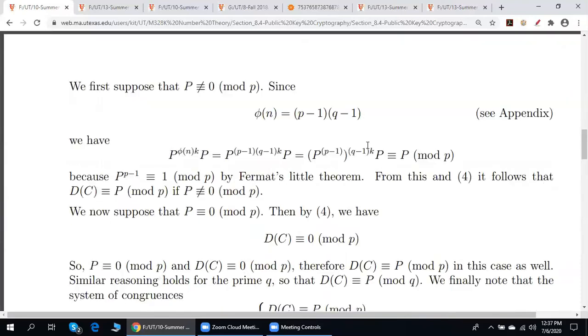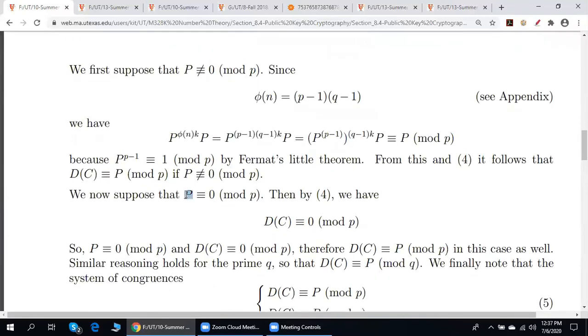And now let us put pieces together. p is congruent to 0 modulo p. D of c is congruent to 0 modulo p. Since both numbers are congruent to the same number 0 modulo p, the left-hand side here is congruent to the left-hand side here. So d of c is congruent to p modulo lowercase p.